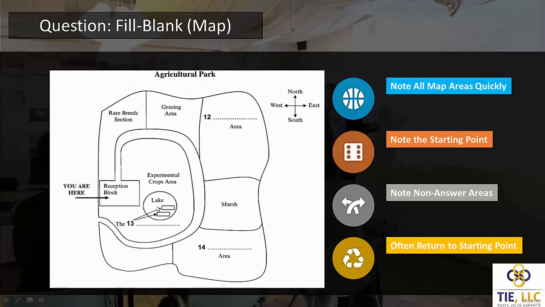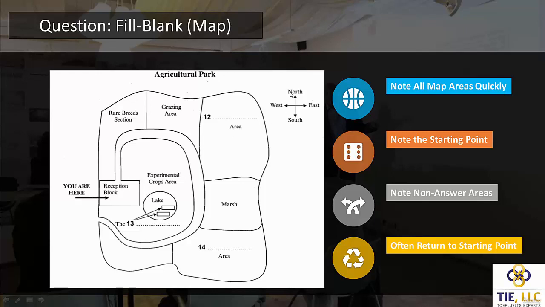So in terms of where the lake is, the reception area, the rare breed section, the grazing area, the marsh, all of the areas. The reason why is when they're giving you the answer to number 12, they're going to connect it to grazing area and marsh. They're going to connect it some kind of way.